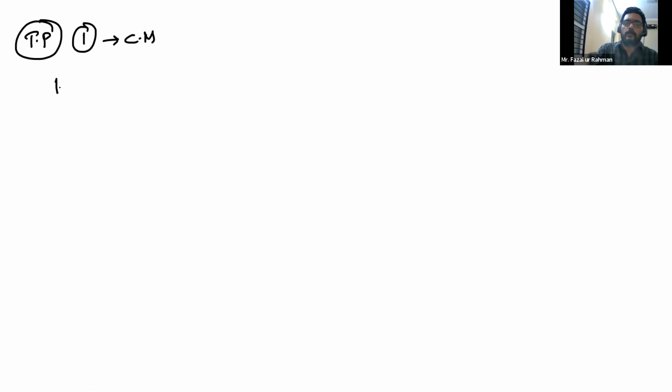I'll repeat the time period again. Time period, if it is 1 day, you call it call money. Time period, if it is 1 to 14, you call it repo rate and reverse repo rate.